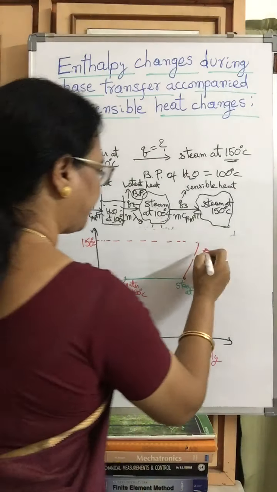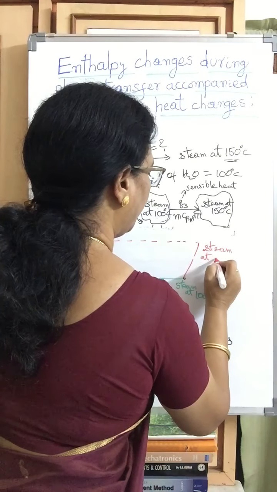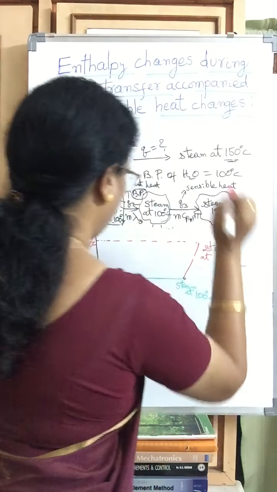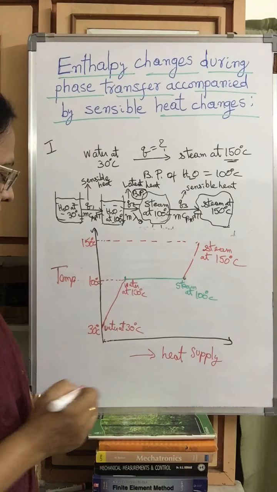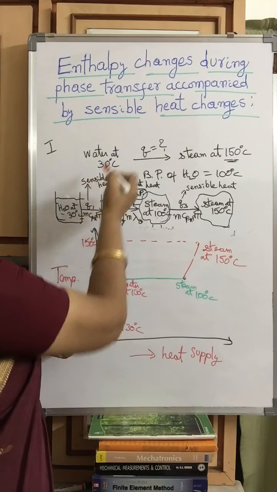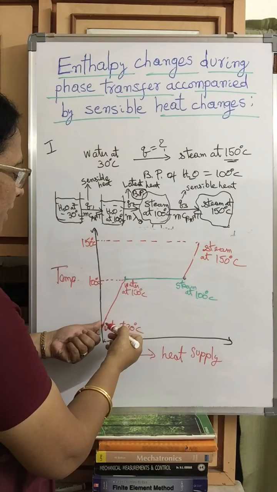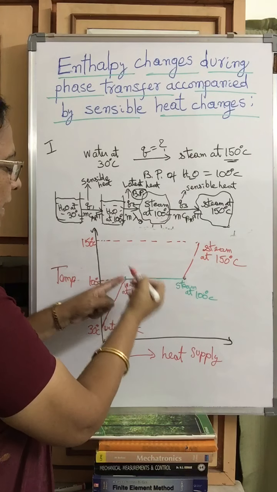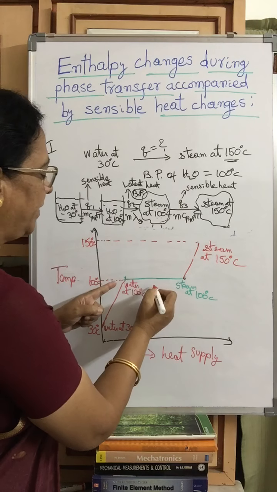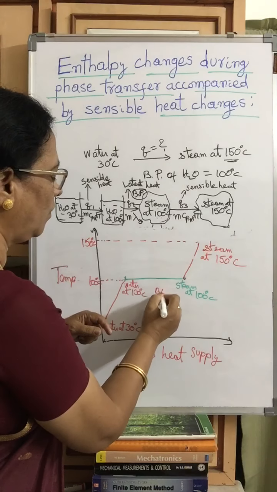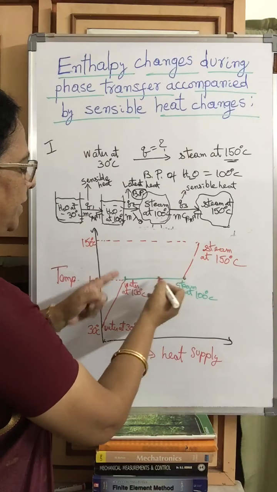Steam at 150 degrees centigrade. Okay, like that we will get here. Initially we have taken water at 30. We are supplying heat. Then its temperature will rise till water reaches its boiling point, that is 100 degrees centigrade. That is boiling point equal to 100. At 100 only here latent heat.